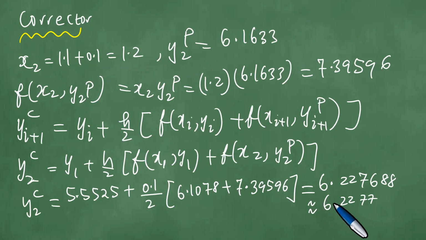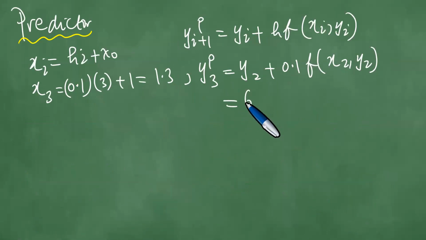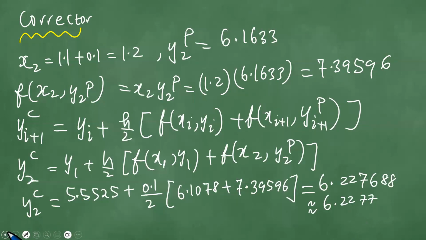What is y2? It's 6.2277, plus 0.1. Now you have f of x2, y2. So what is f of x2, y2?